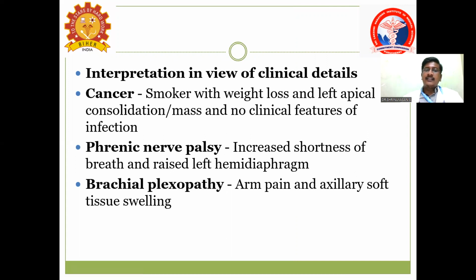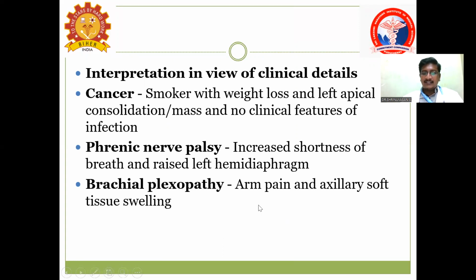What happened? It results in destruction of the rib. That mass results in phrenic nerve palsy, and because of that, the patient has a raised left hemidiaphragm. And the raised extrathoracic space is mainly due to brachial plexus infiltration. Because of brachial plexus infiltration, the patient is having severe arm pain and axillary soft tissue swelling.